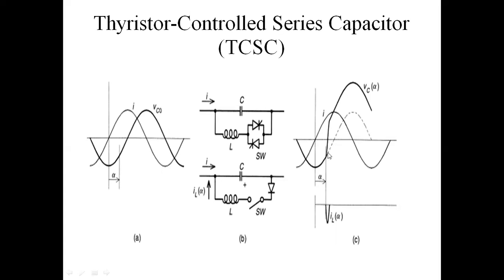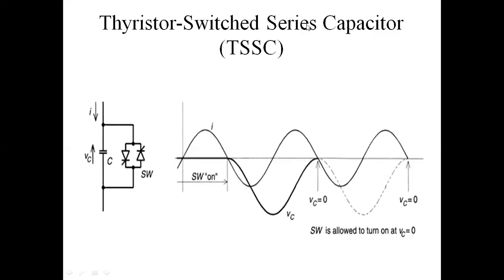This is the actual voltage. When the switch is open, the voltage is increasing suddenly, Vc of alpha. At that time the current IL of alpha is at a negative peak. The current direction is reversed. The inductor current goes reverse, IL of alpha. This is the TCSC.